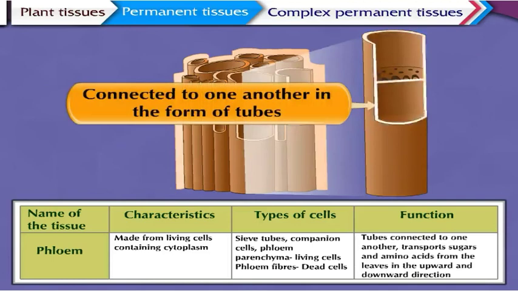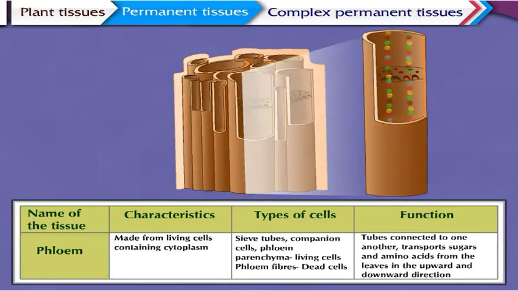These are connected to one another in the form of tubes. The phloem transports sugars and amino acids from the leaves in the upward as well as in the downward direction. After studying about xylem and phloem, now let us perform a small activity.